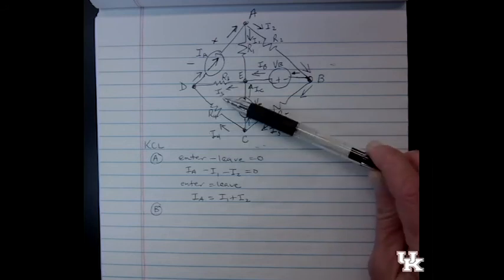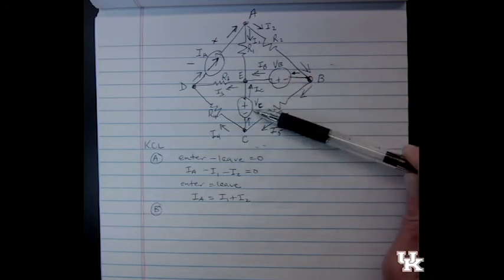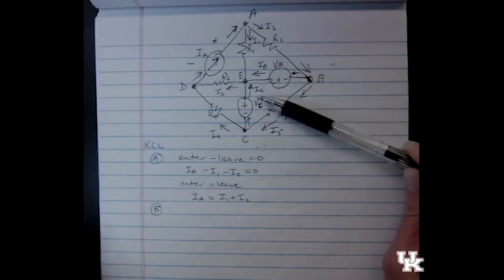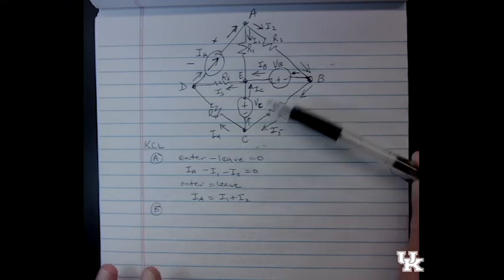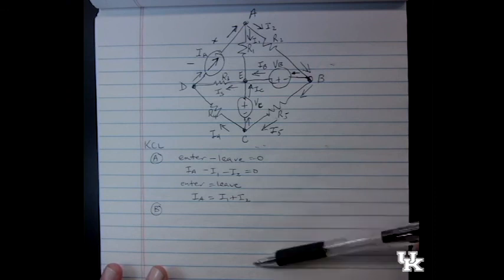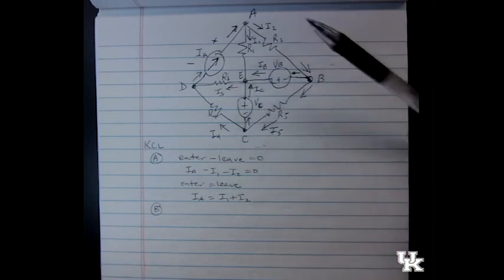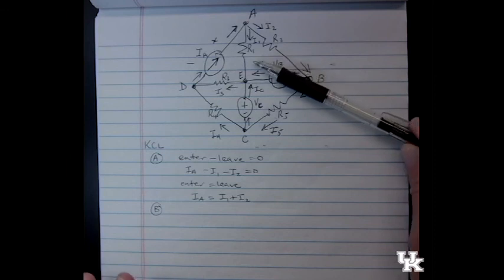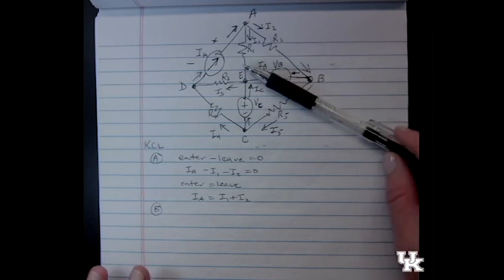So that's 5 currents. And the voltage sources, we know the voltage, but we don't know their currents. All right, so we would really have 7 unknowns for these 5 equations. So we would have to either have some other information or write some additional equations to help us with our unknowns.